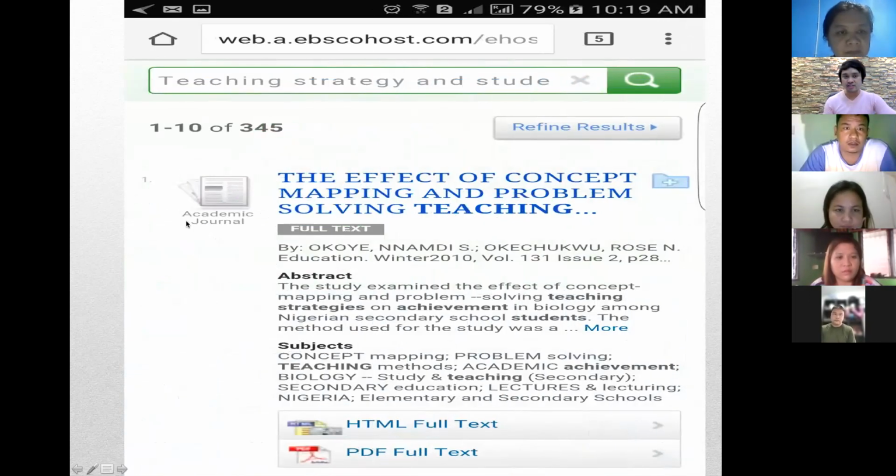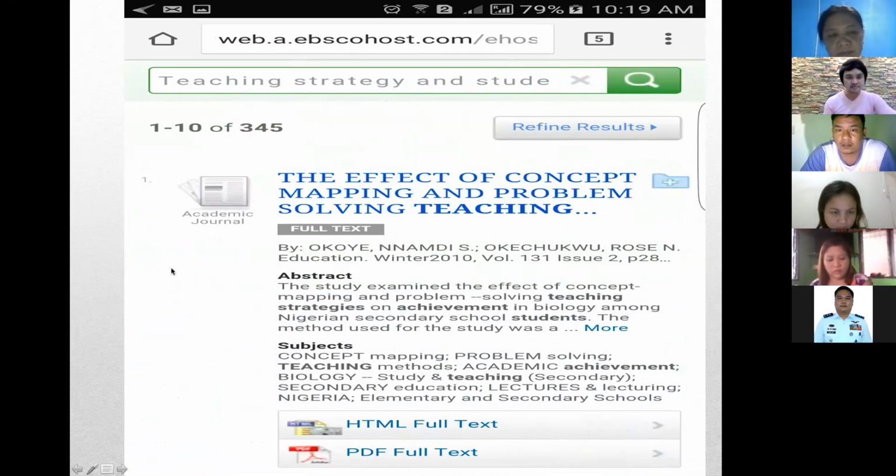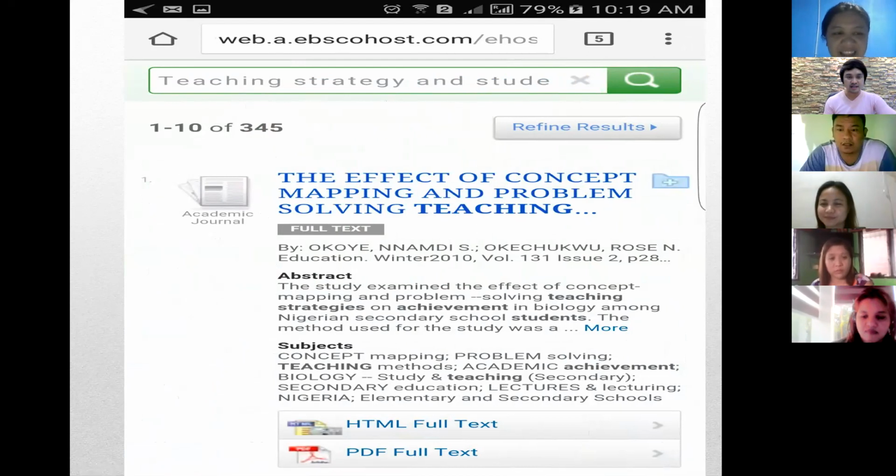After searching yung teaching strategy and student achievement, meron available pala na 345 research papers published about teaching strategy and student achievement. No? Ilan na requirement ko sa inyo? At least 50 man lang.